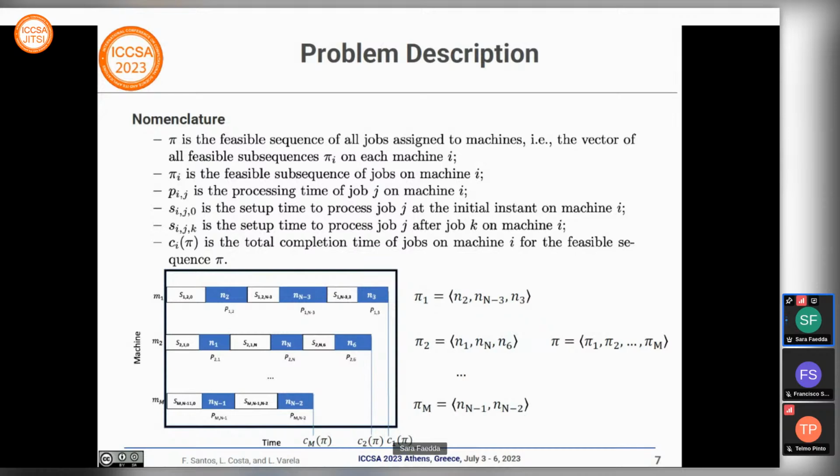We can consider that this sequence can be divided into different subsequences, one for each machine. And if we want, for instance, to minimize the makespan, we just have to compute these completion times and then select the maximum completion time. However, there are other objectives that depend on the completion times of the machines.